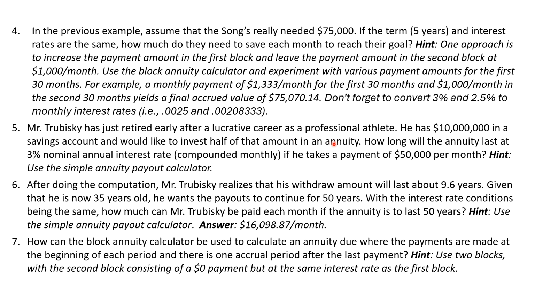Then the second example on this slide, problem number 5, we have an ex-professional athlete, Mr. Trubisky. He has $10 million. He's just retired, and he wants to invest half of that in an annuity, and he'd like to take out $50,000 per month, and the annuity is going to pay him 3% nominal annual interest rate.